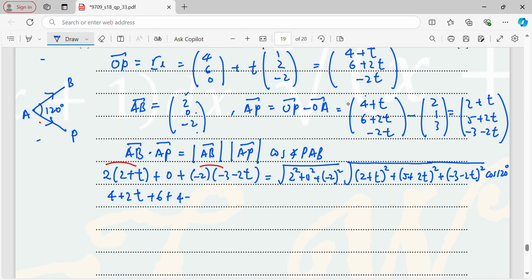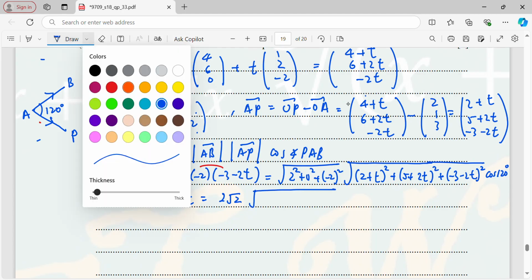So that is 4t. So the first square root, this is going to be square root 4 plus 4. So square root of 8. Square root 8 is 2 square root 2. Right? And square root, I will do expansion for this, which is a quadratic expansion.